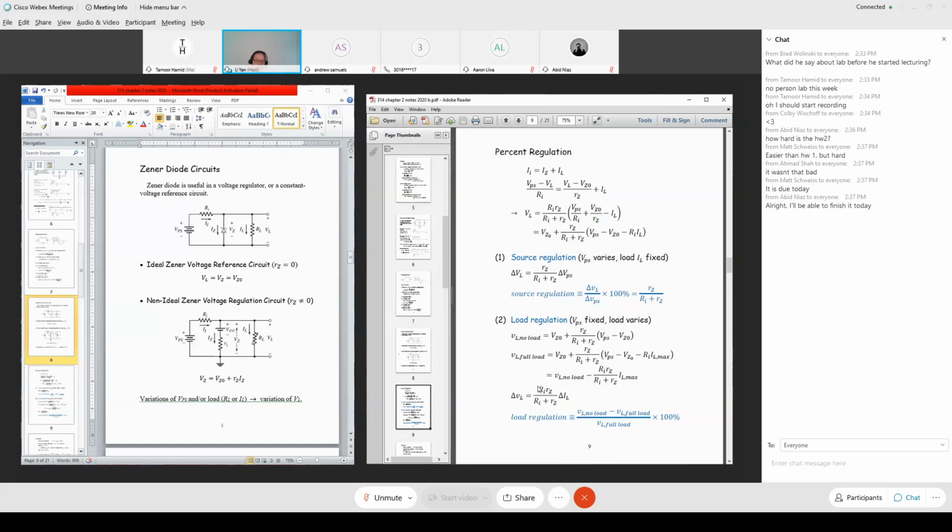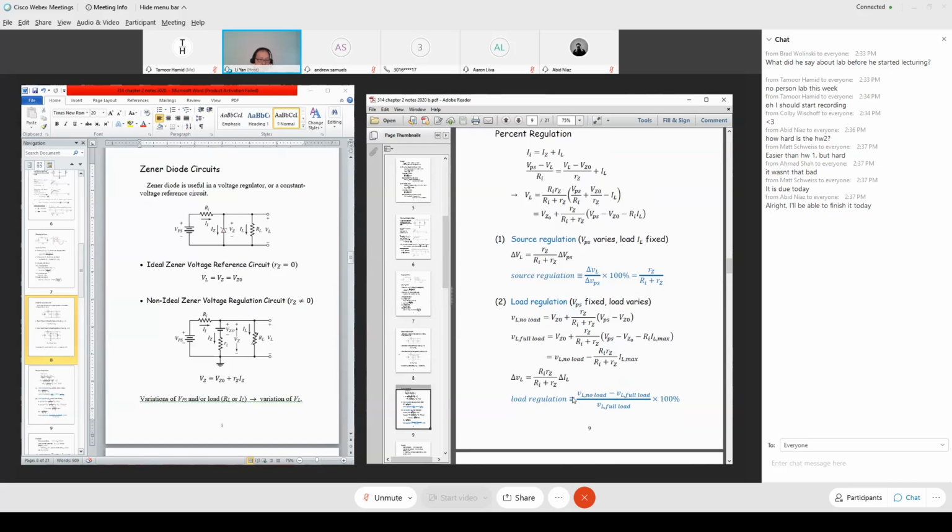So delta VL is given by this coefficient, Ri times Rz divided by Ri plus Rz, times the range of load current we apply to the load. That just says how load current variation can cause load voltage variation, expressed in this expression.